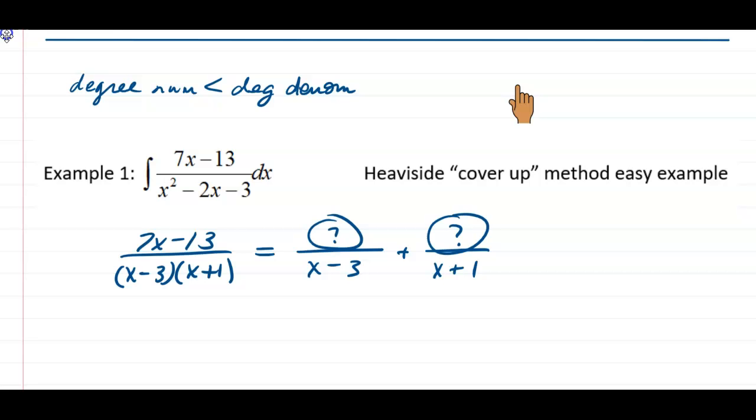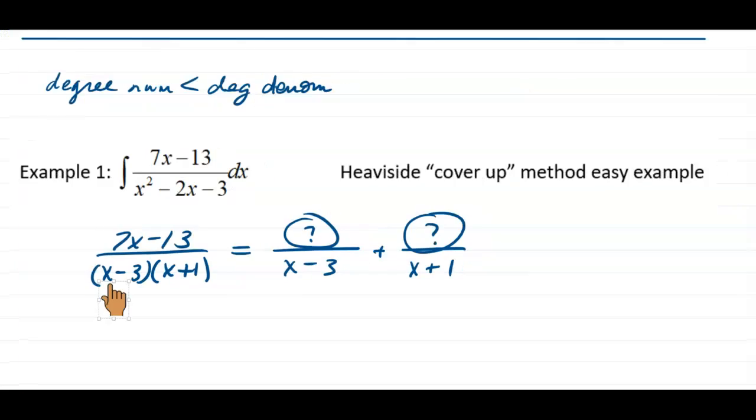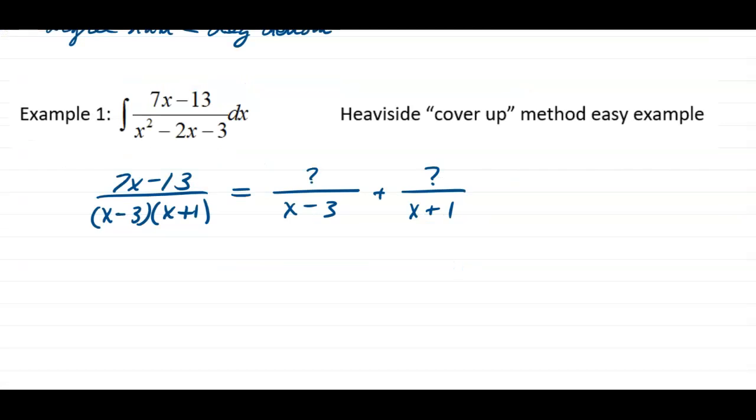So here's where the Heaviside method works really well. What we need to do are 2 main things. And the first thing is we'll note that x minus 3 is 0 if x is 3. So the cover-up method, we cover up the x minus 3. So we only leave x plus 1 and the 7x minus 13 like that.